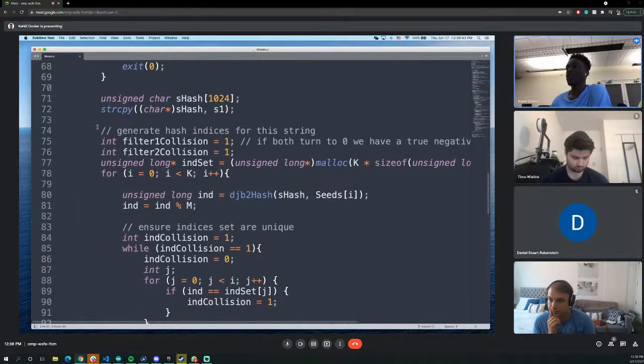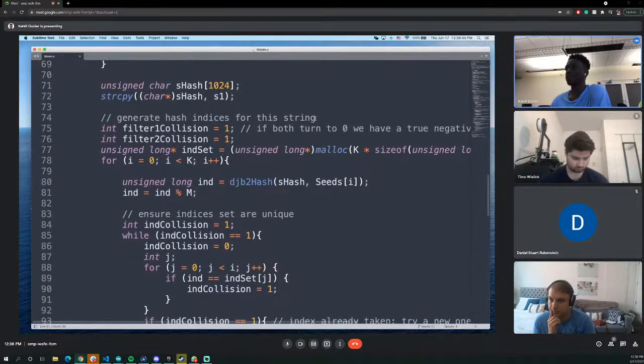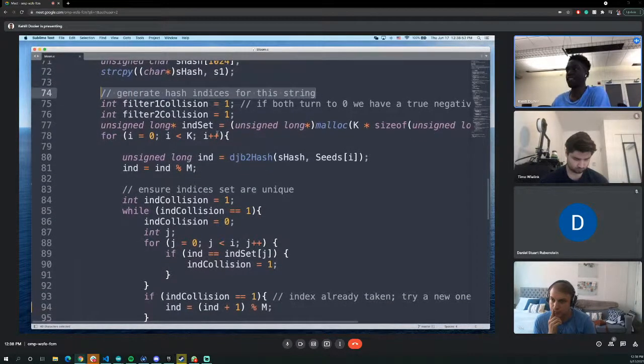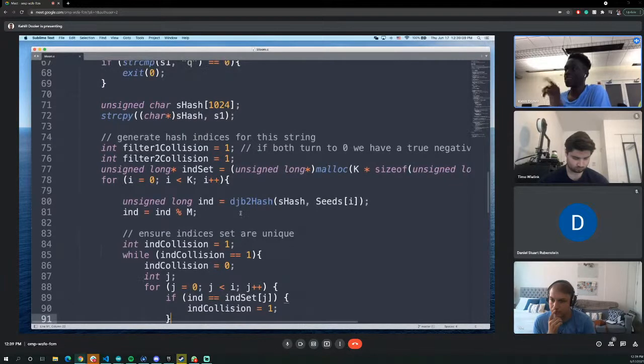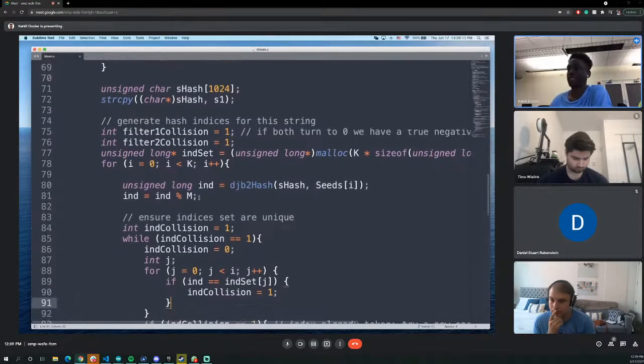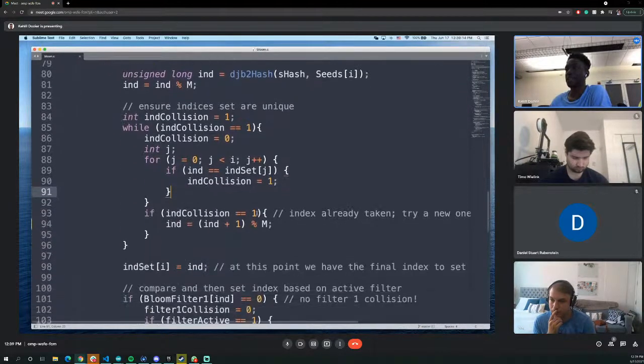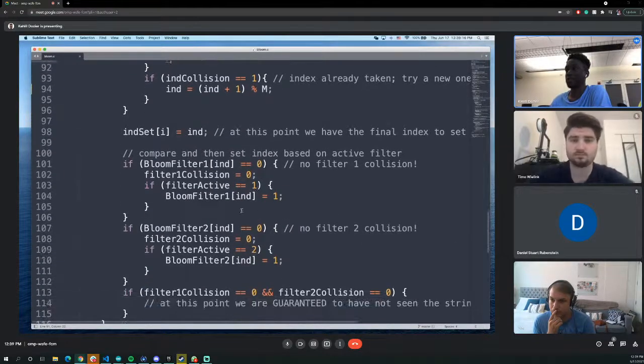This is the core of the algorithm. First of all, this is us generating our K indices for the string. I apply the hash function K times, and you see the for loop goes up to K, assigning each an index in the range of 1 to M. This is a little bit to make sure we have a unique index each time, and this will slightly mess with the true independence of the probability, but as long as M is much bigger than K, it's not something we should have to worry about.